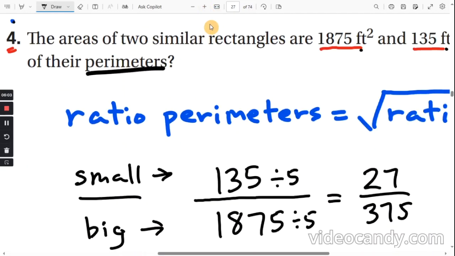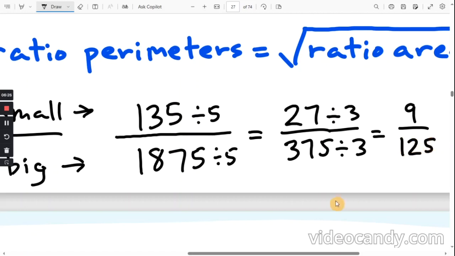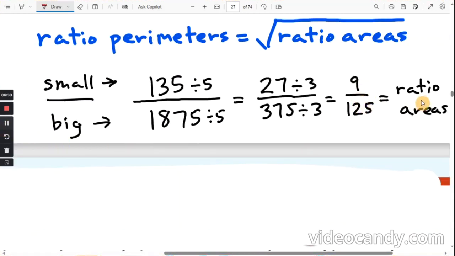So these are both divisible by 3. You don't have to reduce it all the way, but it generally helps. 27 divided by 3 and 375 divided by 3, that's going to be 9 over 125. So that right there is the ratio of the areas.